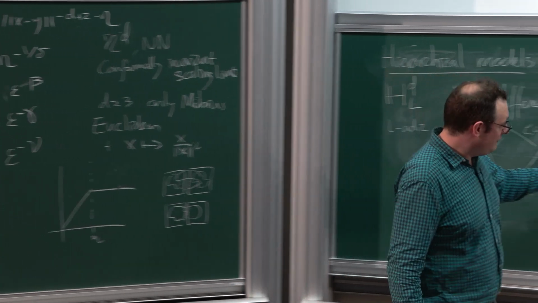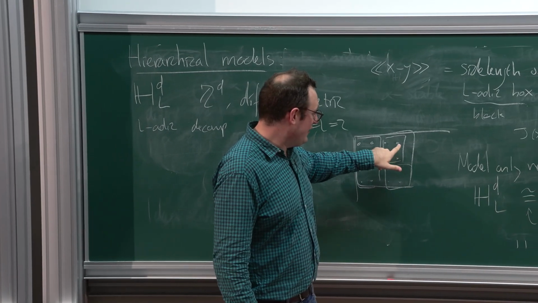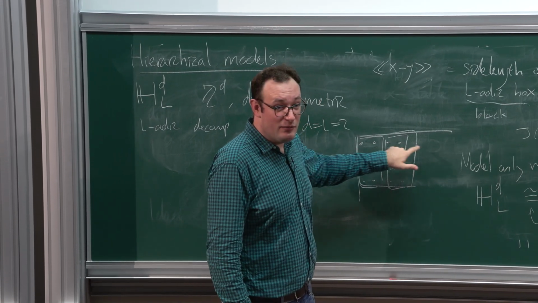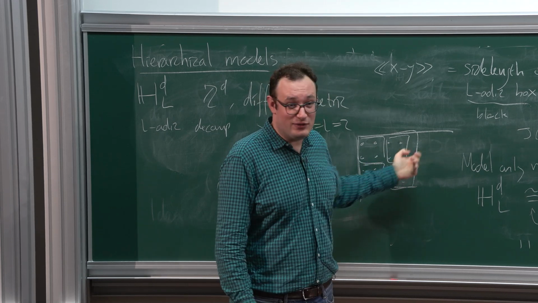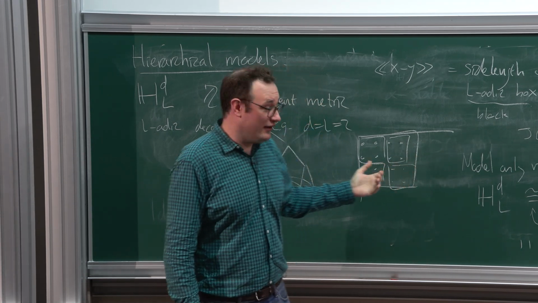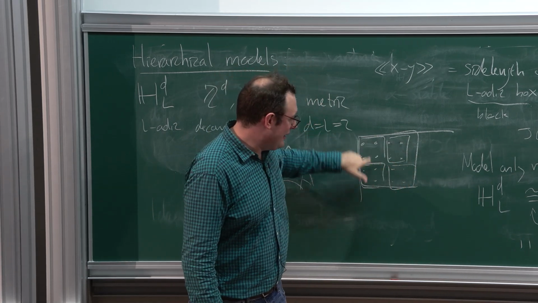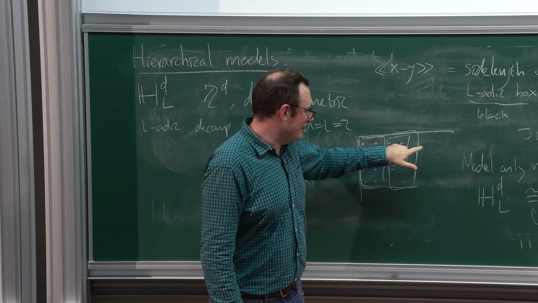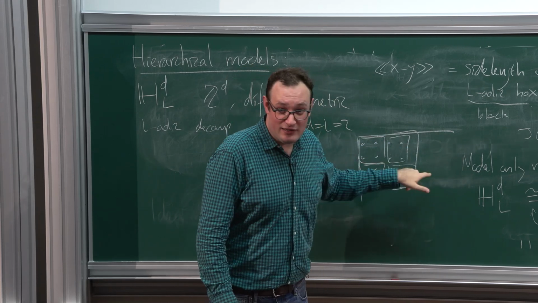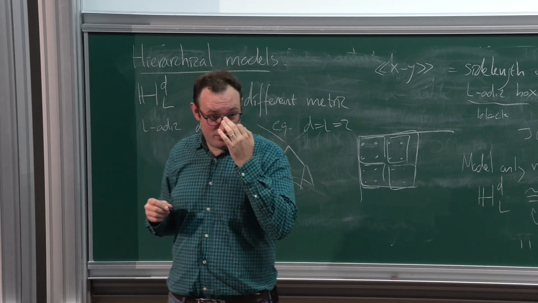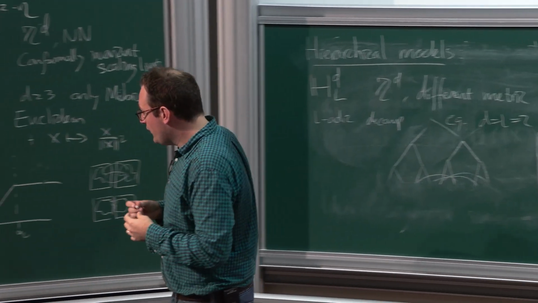Because when I take a hierarchical box here, there's no special relationship between the points that happen to be next to each other in the Euclidean embedding. In fact, any point in this 8x8 box has the same distance to any point in the 8x8 box next to it, right? The geometry doesn't matter, okay?